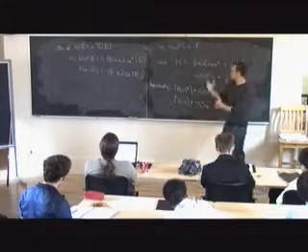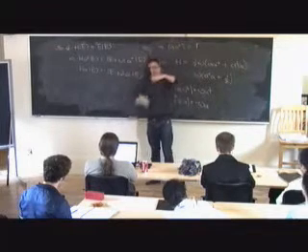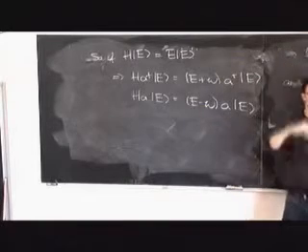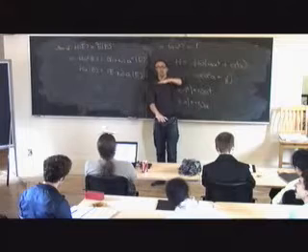Okay, so we get this tower of energy eigenstates. If there's one with E, there's another one with energy E plus omega, and another one with energy E plus 2 omega, and so on. And there's one with energy E minus omega, and one with energy E minus 2 omega, and so on.